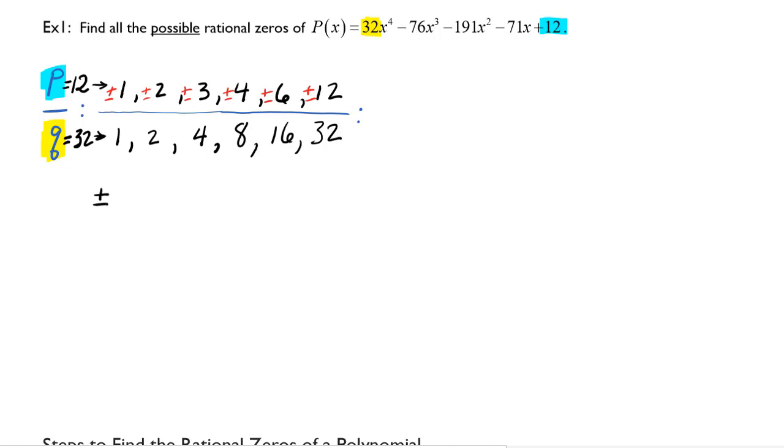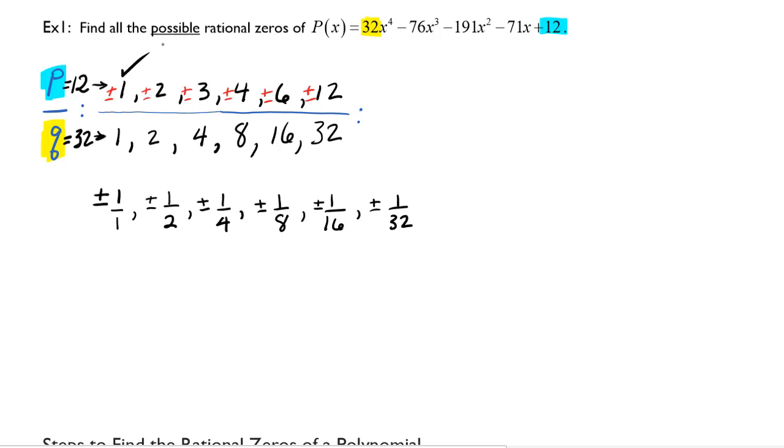Plus or minus 1 over, and now I'm looking at each denominator. 1, plus or minus 1 over 2, plus or minus 1 over 4, plus or minus 1 over 8, plus or minus 1 over 16, and plus or minus 1 over 32. There will be some repetition because some of these are going to reduce to the same thing as other rows. But we need to list all of them, and then we'll clear the ones that are multiples.